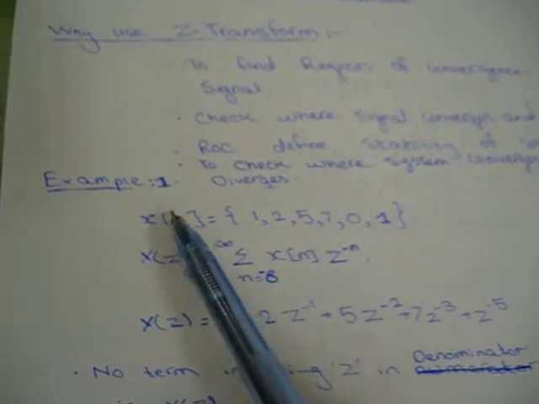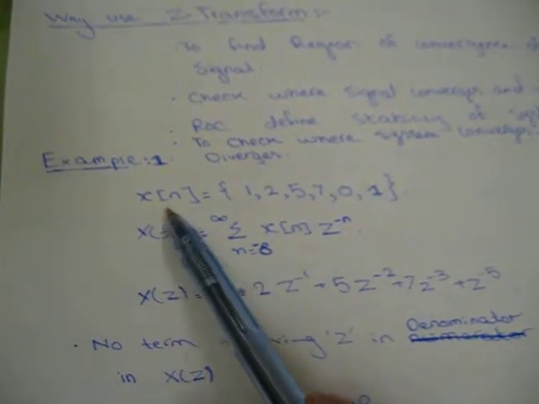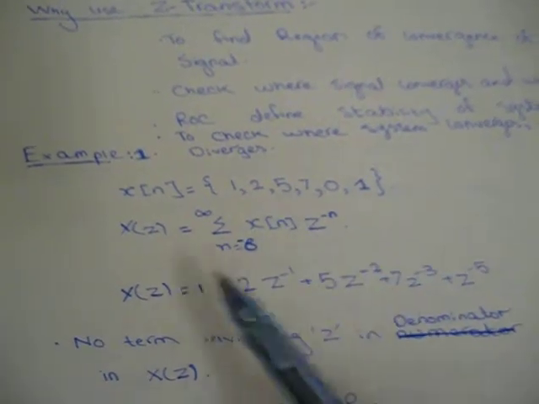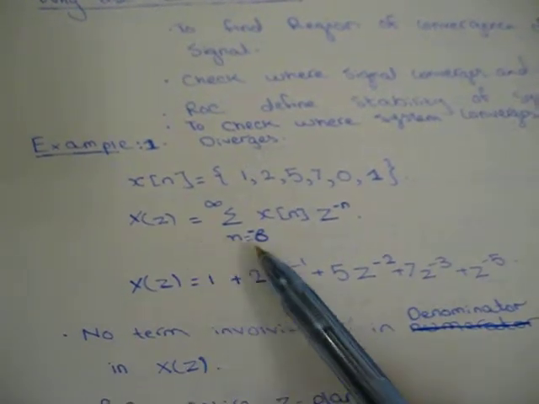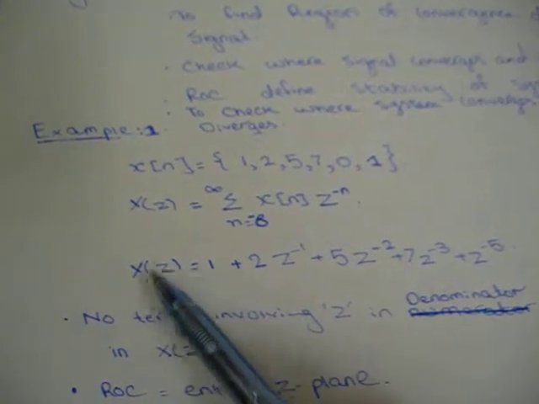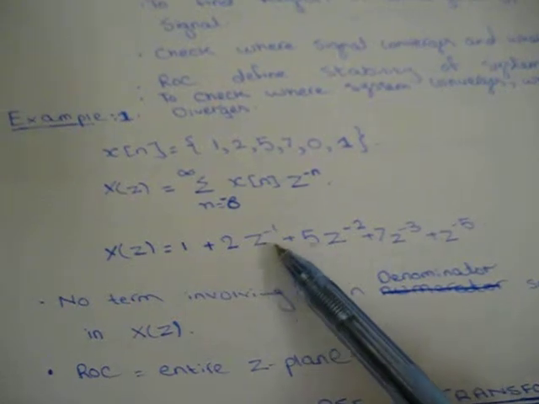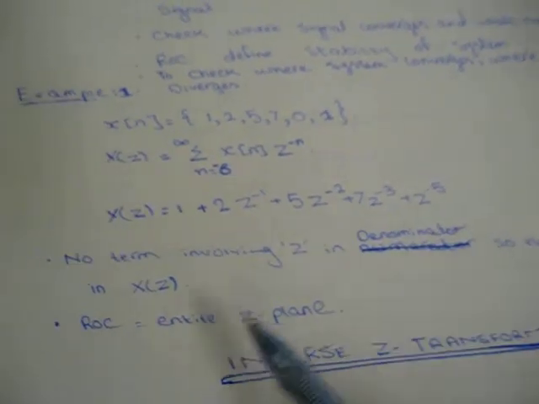Now coming towards the example. Now we have a sequence x of n equal to these. If we need to calculate the Z transform, we will apply the formula, and after applying the formula, X of z will come out to be 1 plus 2z raised to the power minus 1, and so on.